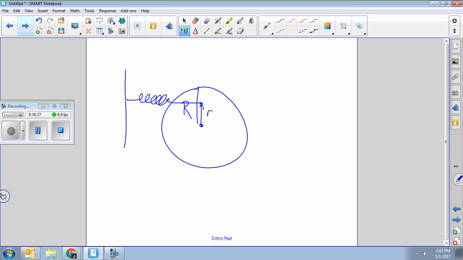It says, assuming the wheel is a hoop of mass m and radius r, what is the angular frequency of small oscillations in terms of, and make sure you're careful about this when you solve these problems, you have to make sure you just use the variables they allow you.